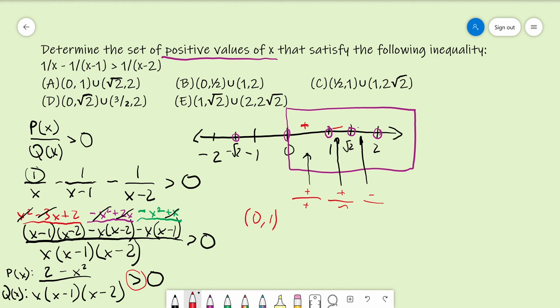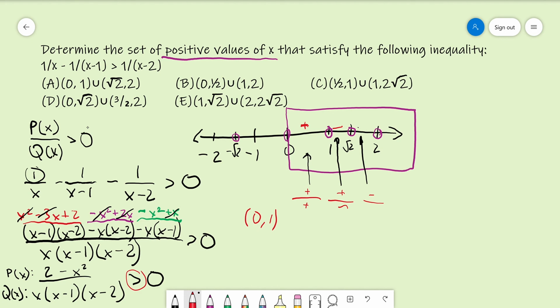And then the denominator is going to be, x is going to be positive. x minus 1 is going to be positive because we have a number that's bigger than 1. And then x minus 2 is going to be negative because we have a number that's less than 2.